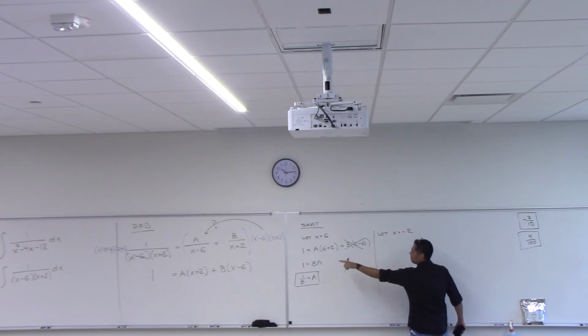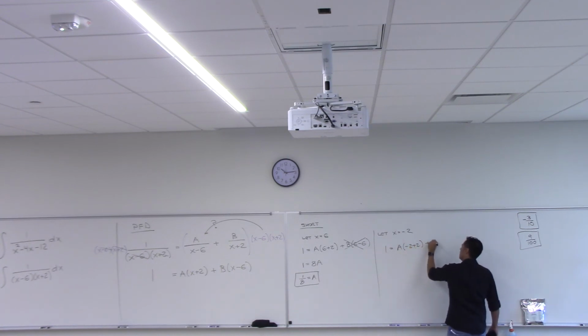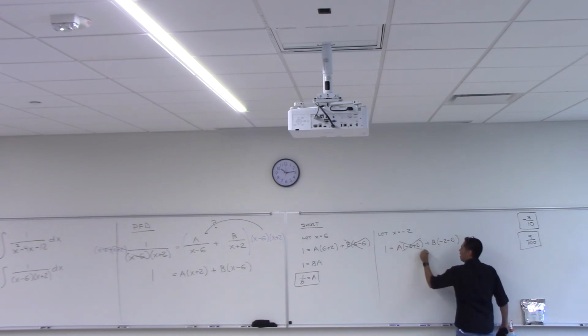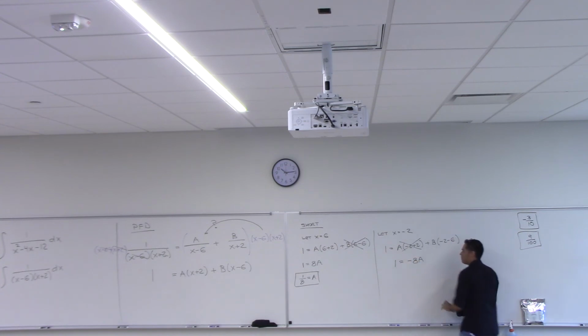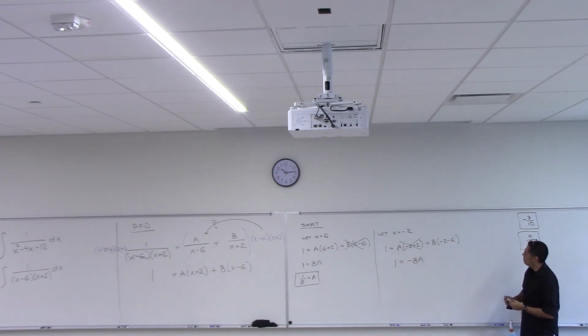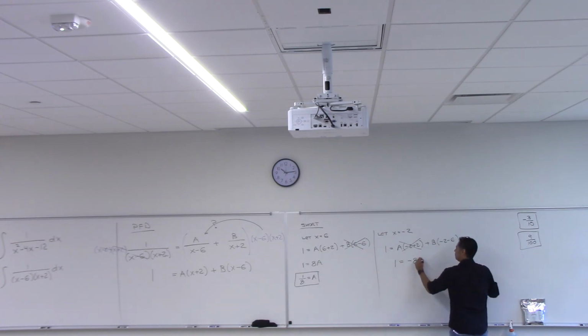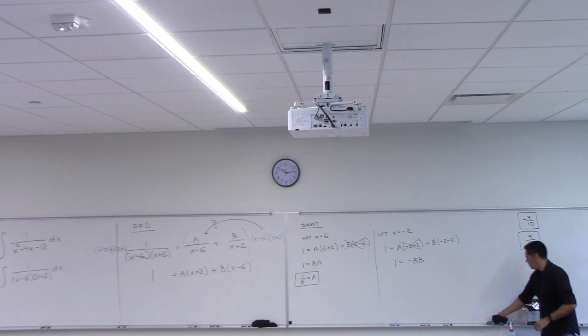And that equation becomes 1 equals a times (-2 plus 2) plus b times (-2 minus 6). That goes away. You get 1 equals -8b. Sorry, that's a b, not an a. So b is -1/8.